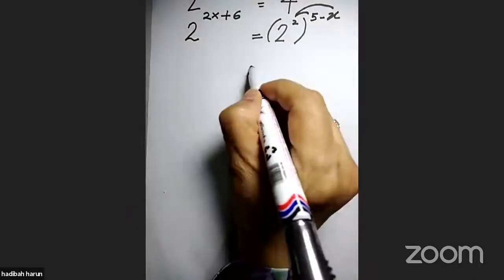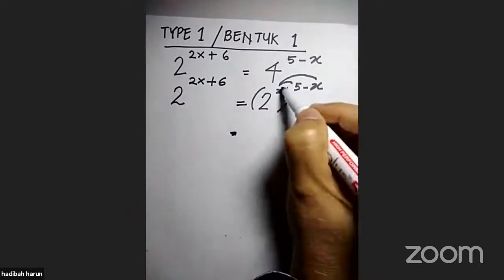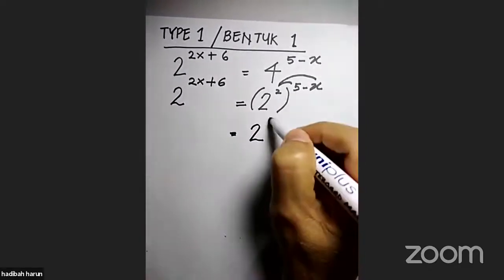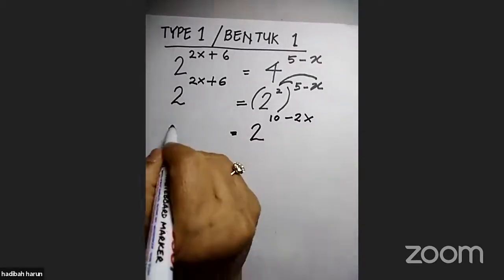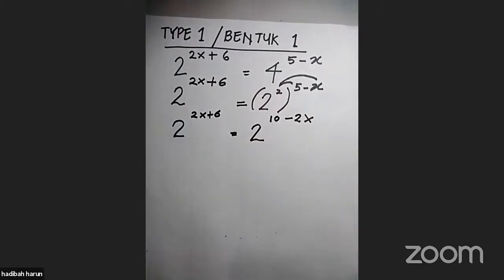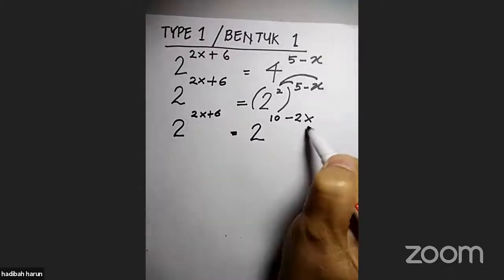So you are going to multiply the terms, which gives 10 minus 2x. On your left, you retain. So you have used rule 3 already, for your 1 mark.